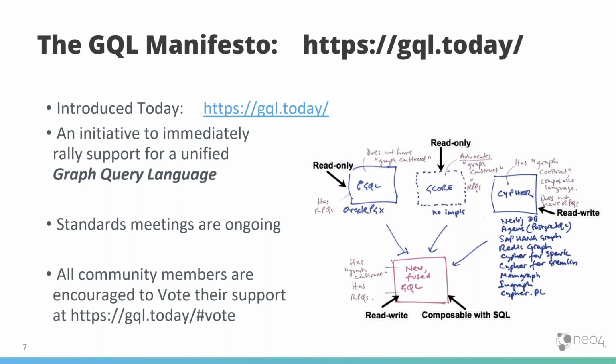And what's really interesting about this activity is that this unification activity that we've been promoting at the beginning of last week, this is only a week old, the notion was to combine the great things about Oracle's PGQL, the G-Core work from the LDBC standards body, and Cypher, combine all of those together into a unified query capability that supports things like composability.